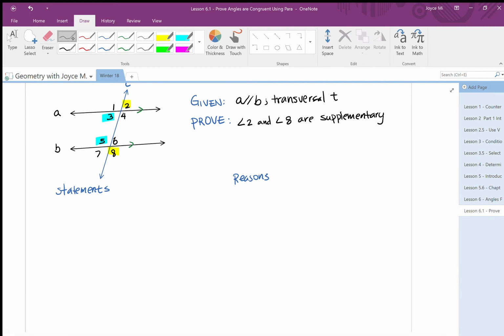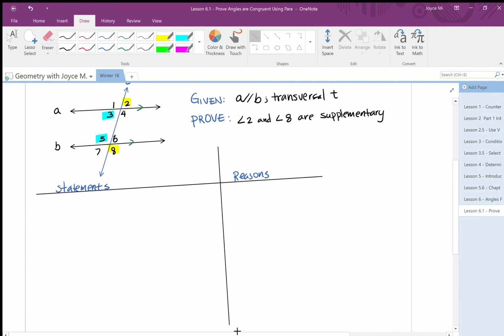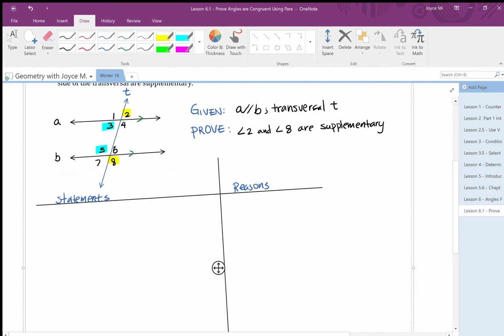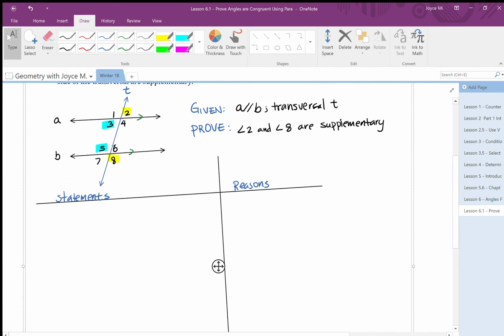Reasons. And I'm going to draw two columns. Okay, and let me draw my columns a little better. Okay, that looks good enough. Now let's write my line here. It's not straight, kind of bothers me, but that's okay. Let's just go with that.